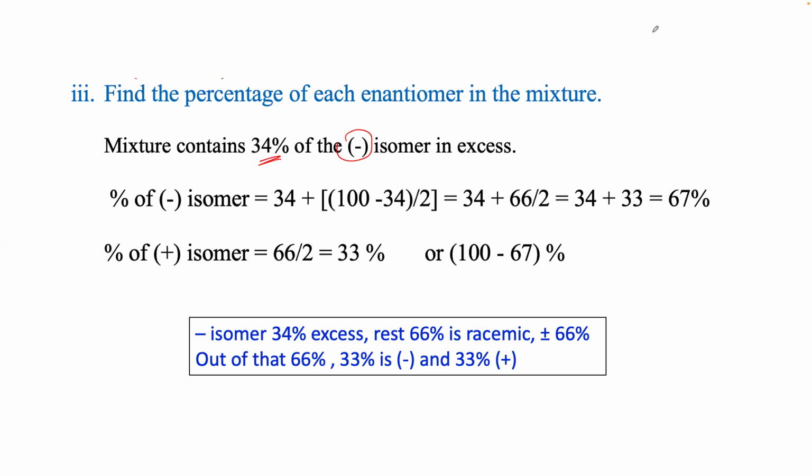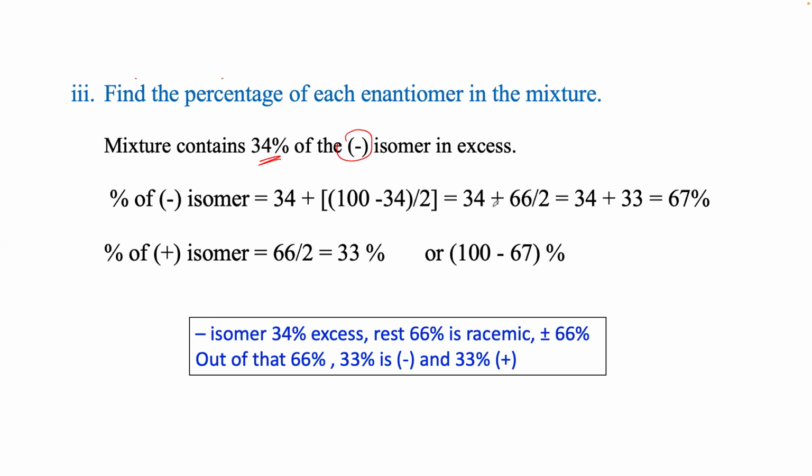You have to understand that if you had just the minus isomer, you should see minus 15. If you had the plus isomer, you should see plus 15, but actually you're seeing less than that, minus 5.1.